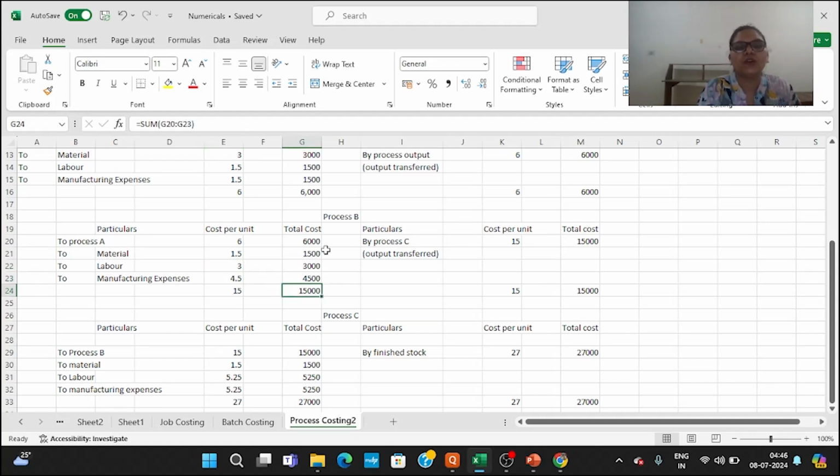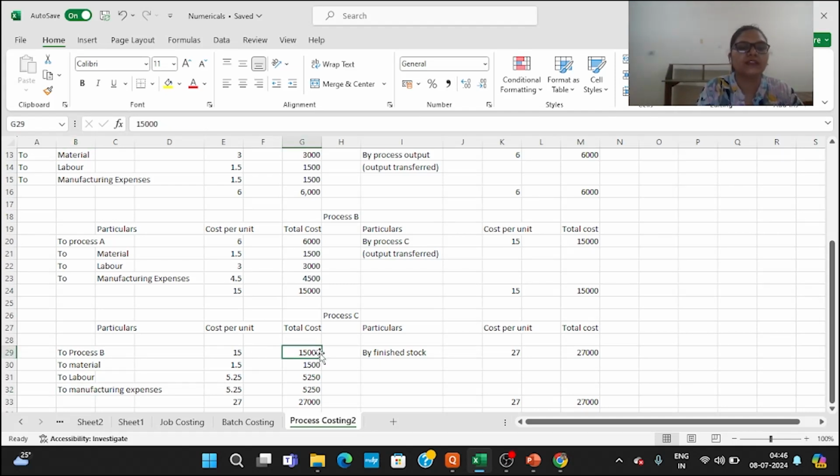Now this total of 15,000 will be transferred to process C, by the name process B on the debit side, and we will record all the expenses in the same manner as we have recorded in the previous processes.